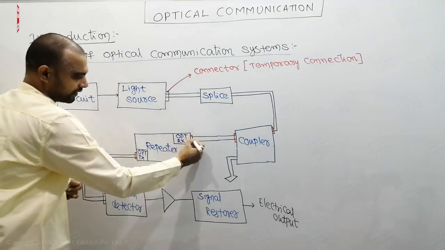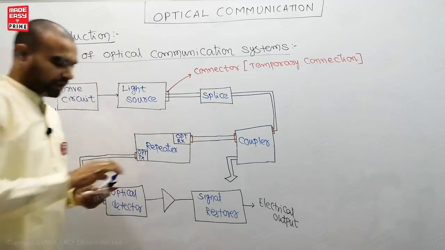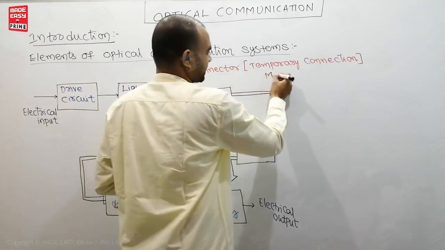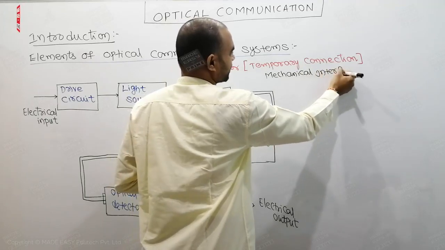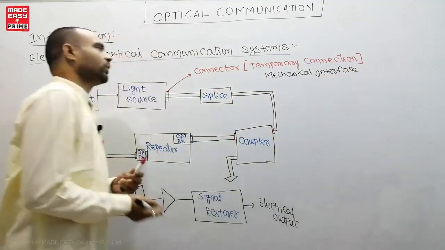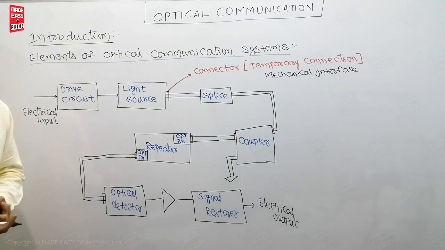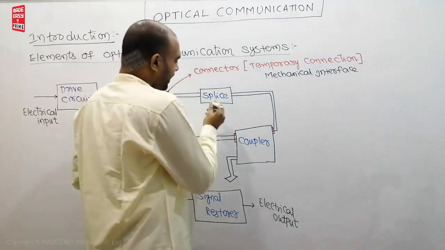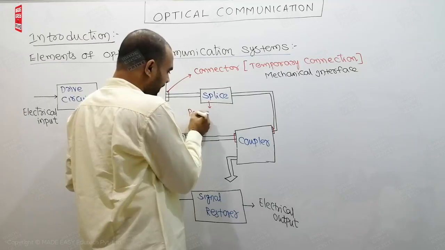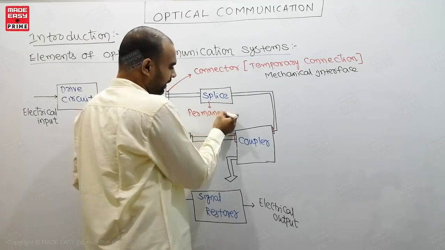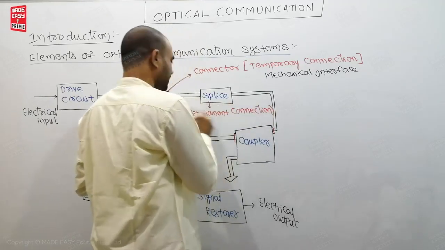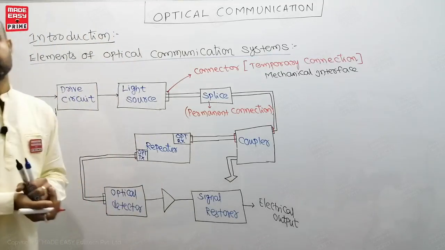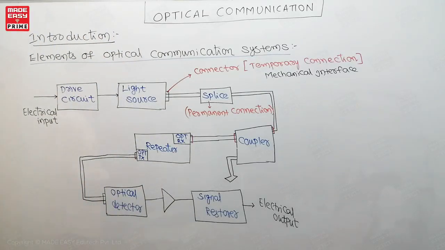The connector is a mechanical interface. It always provides a temporary connection. Next is the splice. A splice always provides a permanent connection between fiber and fiber.